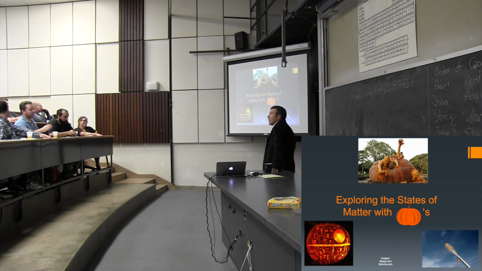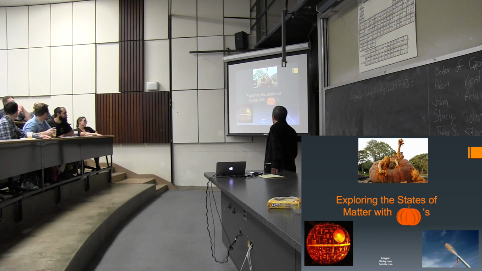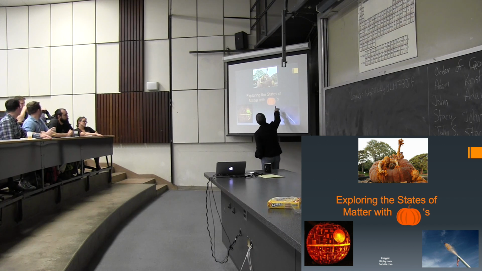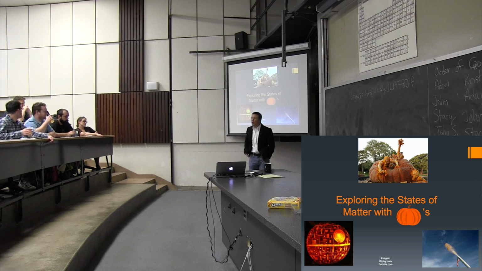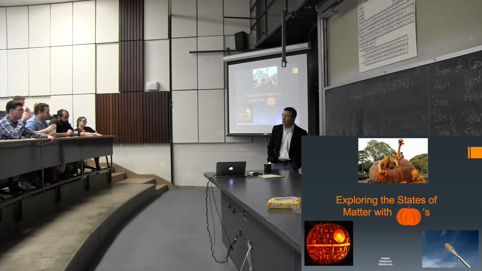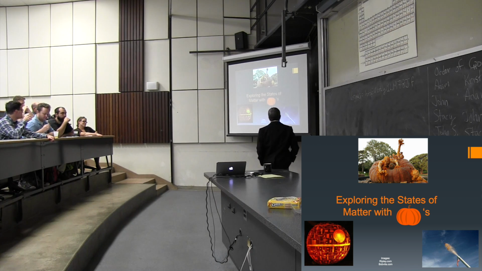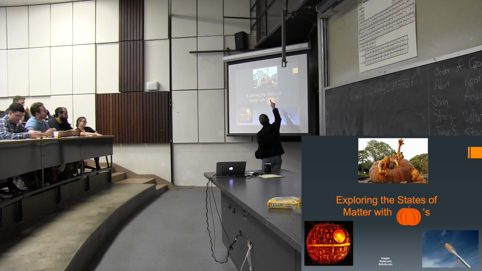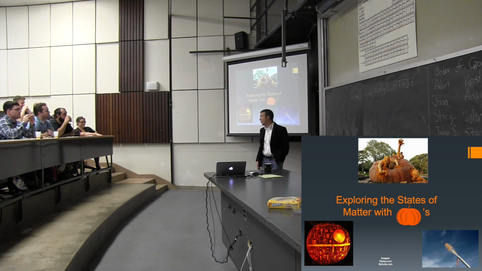So in this particular case, we're going to study those states with these things known as pumpkins. And you can see how pumpkins are an appropriate model for many other systems and objects in our universe. Ballistic weapons. We also have chemical changes as well as phase changes, physical changes, which you see up in the upper left here.